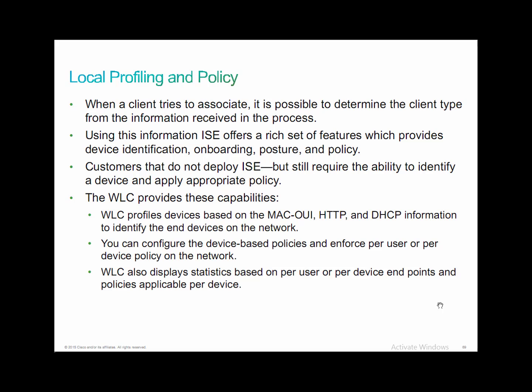Now, the only device that I've ever dealt with that actually is concerned about profiling information is ISE, the Identity Services Engine. ISE is going to use that information to profile the client, determine the policy that's going to be applied to that client, and we already talked a little bit about ISE having all these features to do onboarding, device identification, posturing, policy, remediation and whatnot.